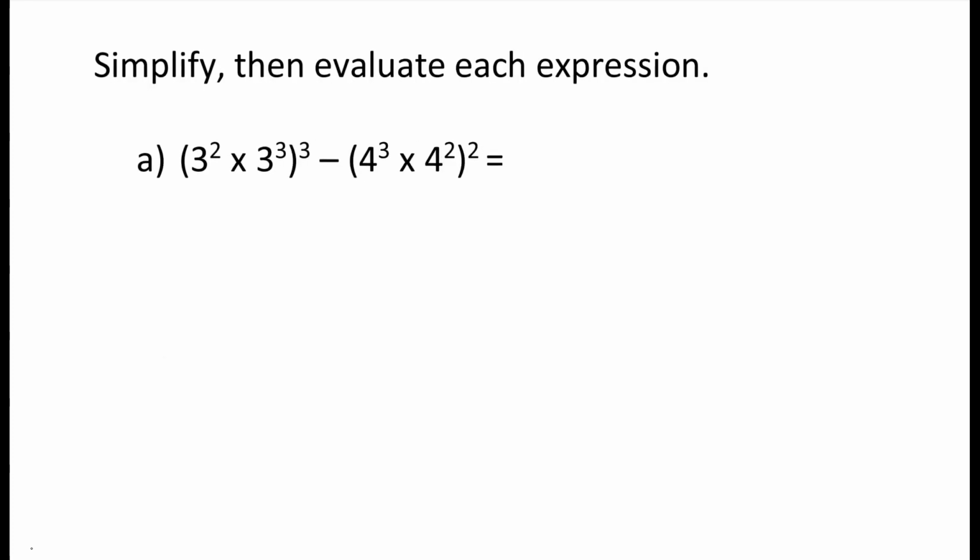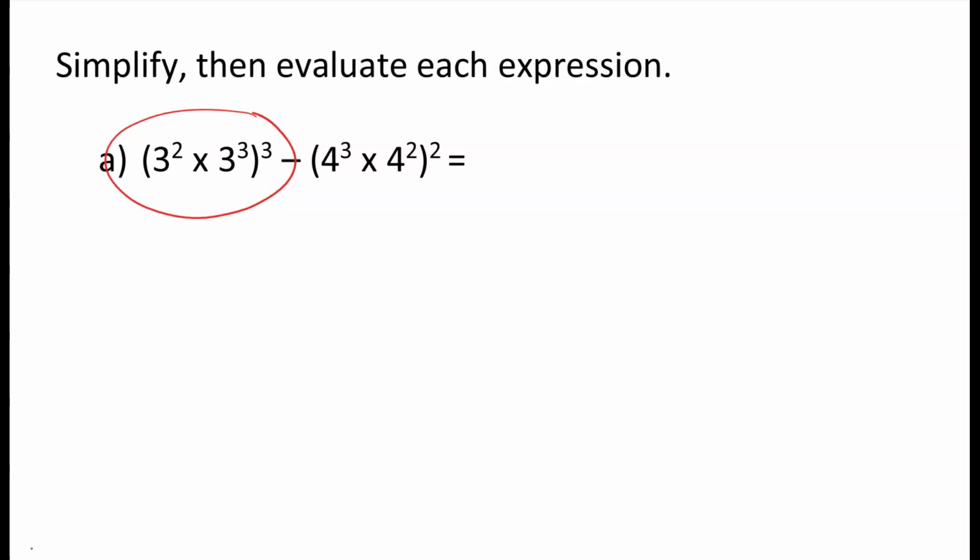First thing that we need to look at is our first portion here. We have in brackets 3 squared times 3 cubed, and then on the outside of the brackets, we have to the power of 3. What this is going to get us is a multiplication in the first part. So inside the brackets, we want to address the 3 squared times 3 cubed.